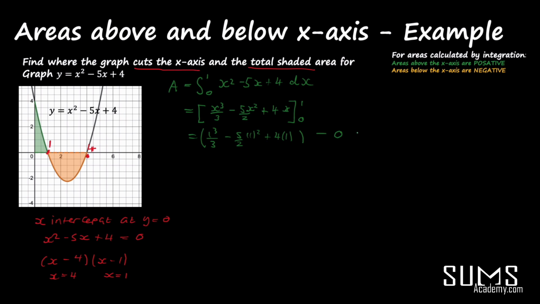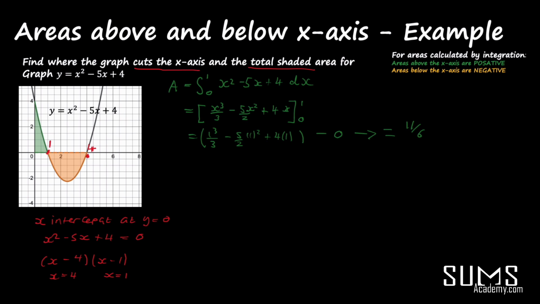Just conserving space: 1/3 minus 5/2 plus 4. I'm going to stick that in my calculator for the sake of time, but you could work it out yourself. So that gives us 11 over 6. Anyway.